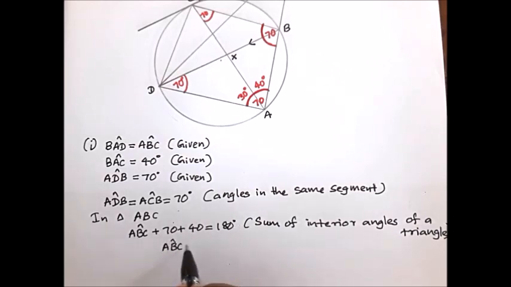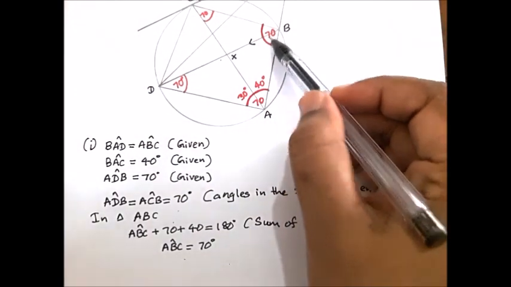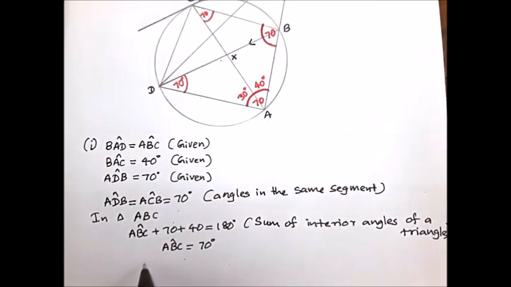Therefore ABC equal 70 degrees. According to the data, these two angles are equal. Again BAD also 70 degrees. Then CAD equals 70 minus 40. Answer is 30 degrees. This is the answer for the first part.